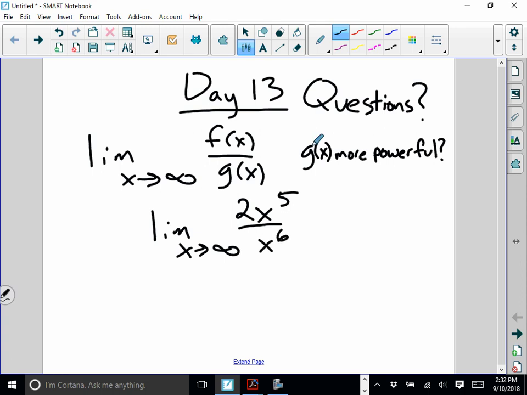When we look, x to the 6th is a more powerful function than x to the 5th is. When our more powerful function is on the denominator, we know that the limit is always going to be 0, as x goes to infinity. We also kind of know what to do when g of x and f of x are the same power. For example, this.